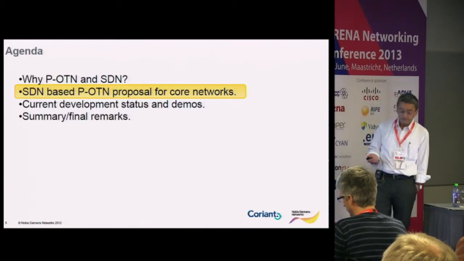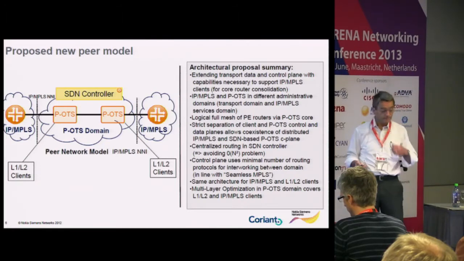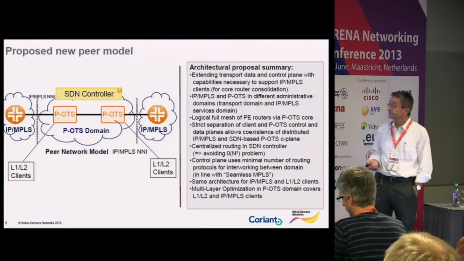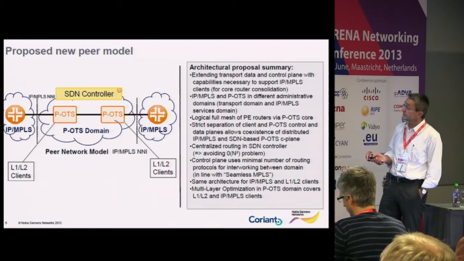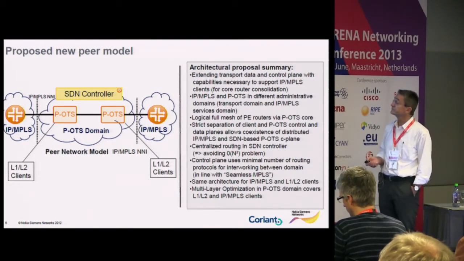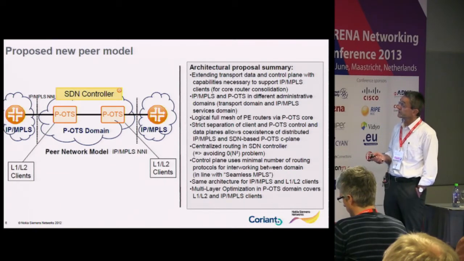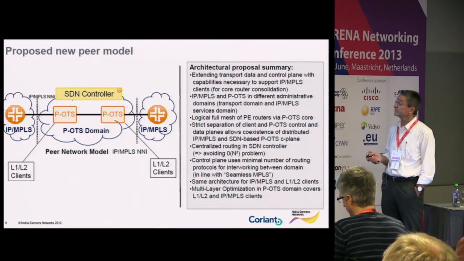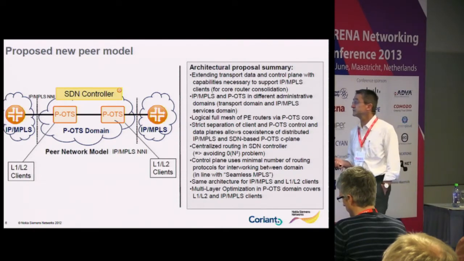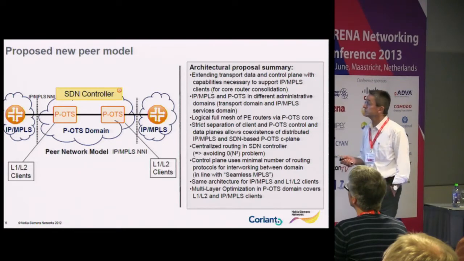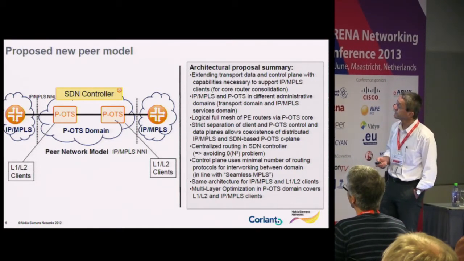Our SDN-based POTN proposal for core networks looks very simple. We have the IP MPLS networks in separate domains, and the POTS domain also separately, and the POTS domain is controlled by an SDN controller. And we propose to have here IP MPLS NNI interfaces.